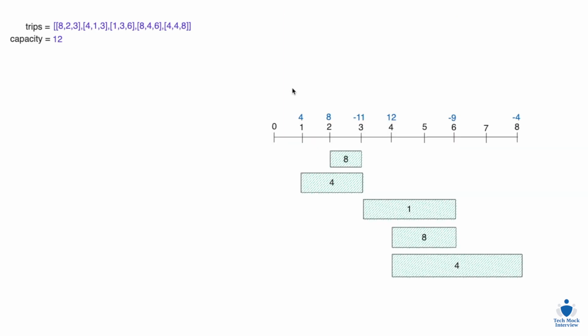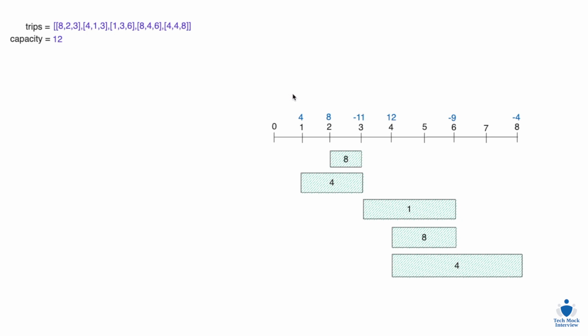Okay, so I cleaned our time trip a little. It's more visible, and you can read it better. These numbers are basically changes in terms of passenger occupancy. Here we have plus 4 changes in our occupancy, and then plus 8. And here we have minus 11 passengers changes to our onboard people.